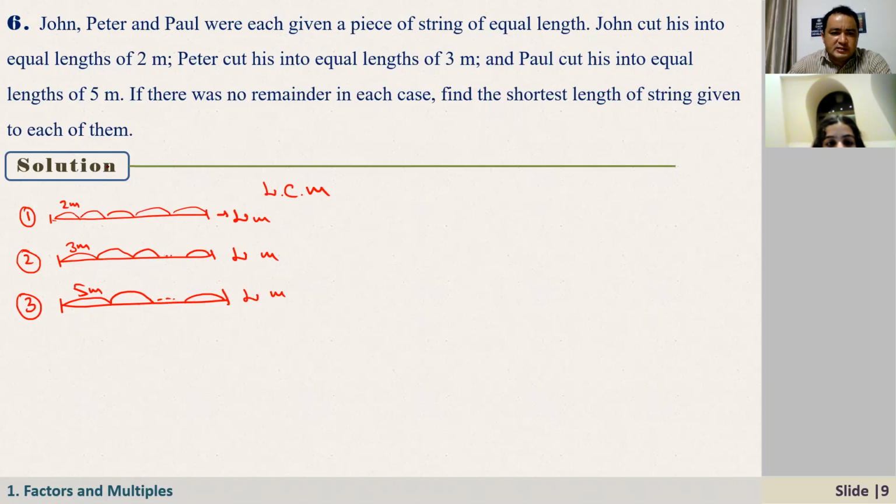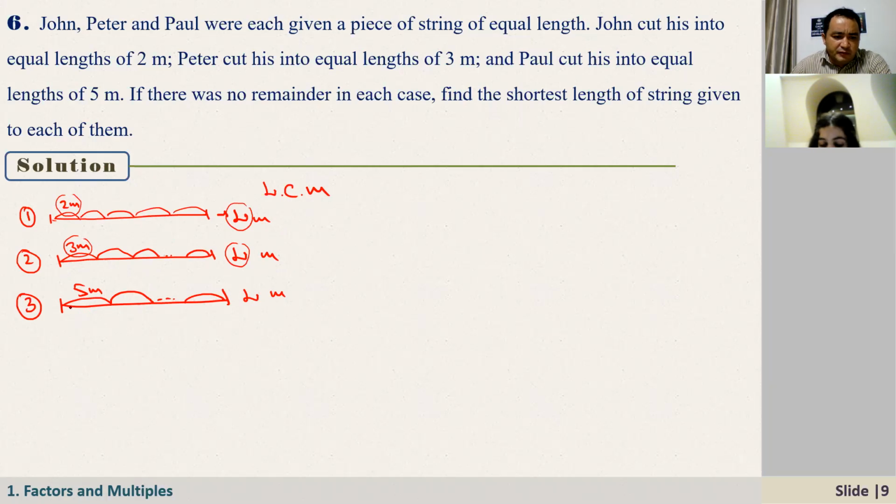As you see here, since no remainder is left when we cut into equal lengths of 2 meters, that means this L must be divisible by 2. And at the same time, when we cut this string into equal lengths of 3 meters, we have no remainder. That means this L must also be divisible by 3.